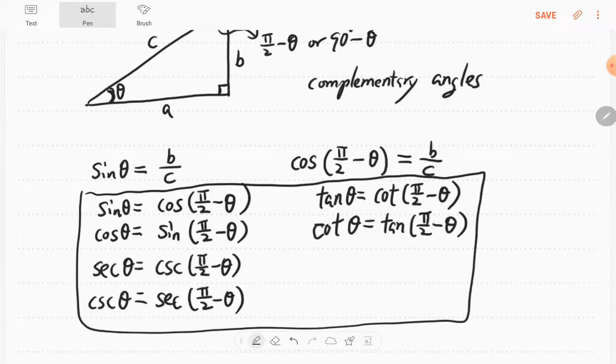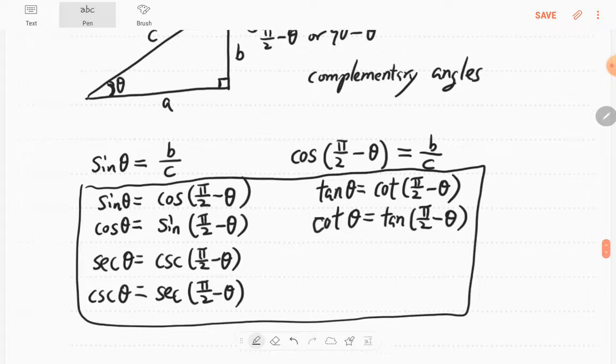Sine becomes cosine, tangent becomes cotangent, secant becomes cosecant. So one function is the cofunction of the other one.